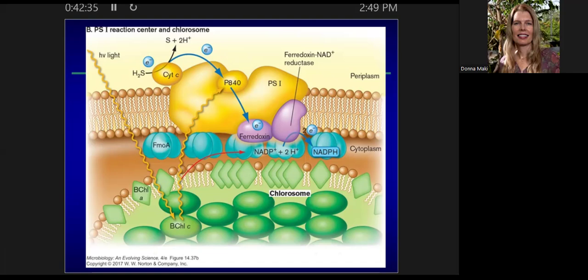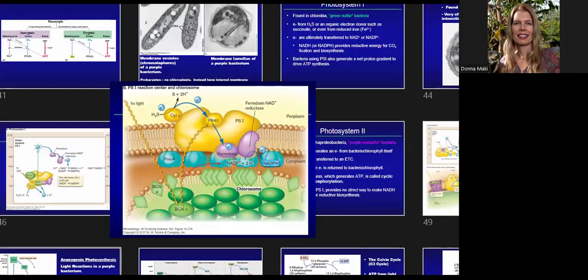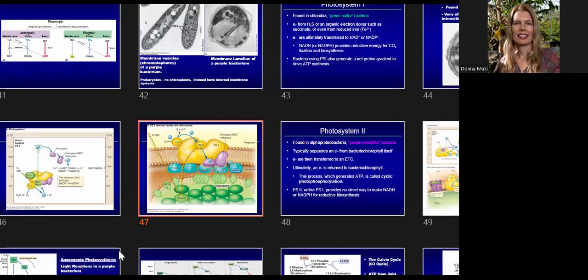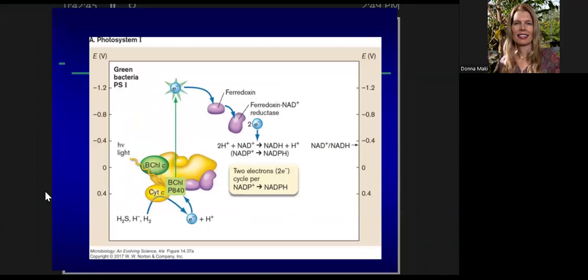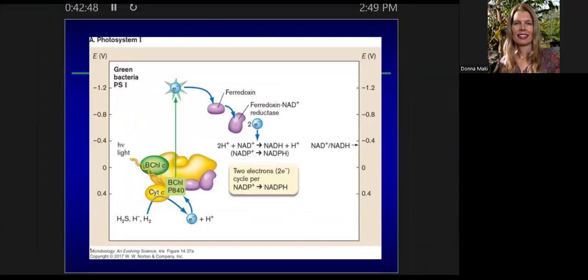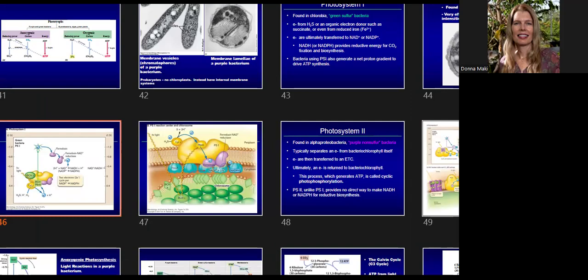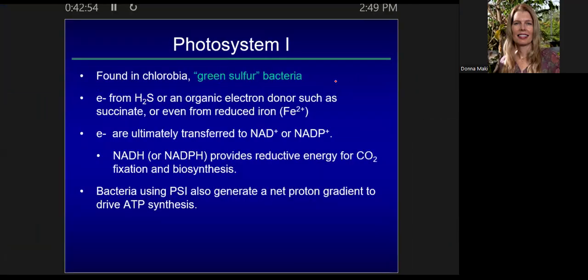So if you are an artistic person, you might want to be an artistic or scientific illustrator. We need people that can do that. They don't show it here really either, but I have it, that's why I put it here. Bacteria using photosystem 1 also generate that proton gradient. It's just the artist didn't show it very well.